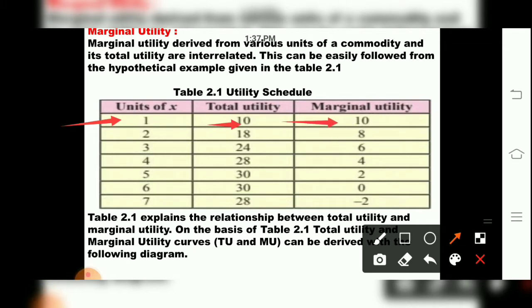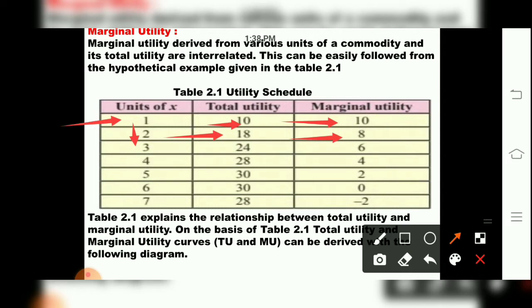Then as units of X increase, from first to second, total utility has increased, from 10 to 18, then 18 to 24. But marginal utility has started decreasing. This is the second point of the relationship.